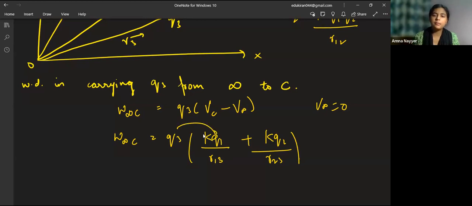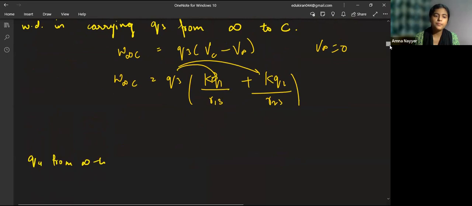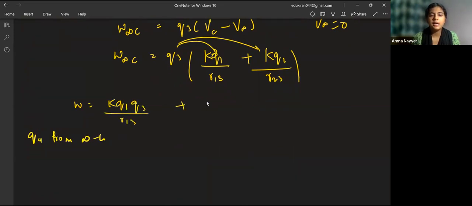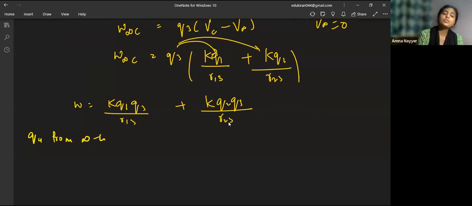Now just multiply it within the brackets. So this work done becomes K Q1 Q3 divided by R13 plus K Q2 Q3 divided by R23. Now similarly, if I bring one more charge, just understand this by technique.